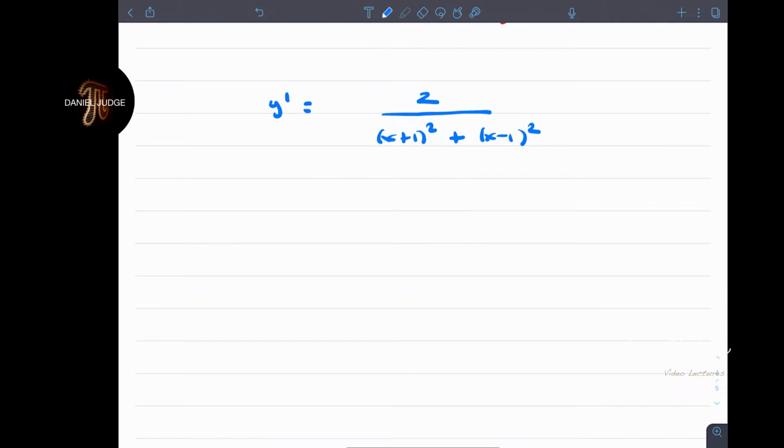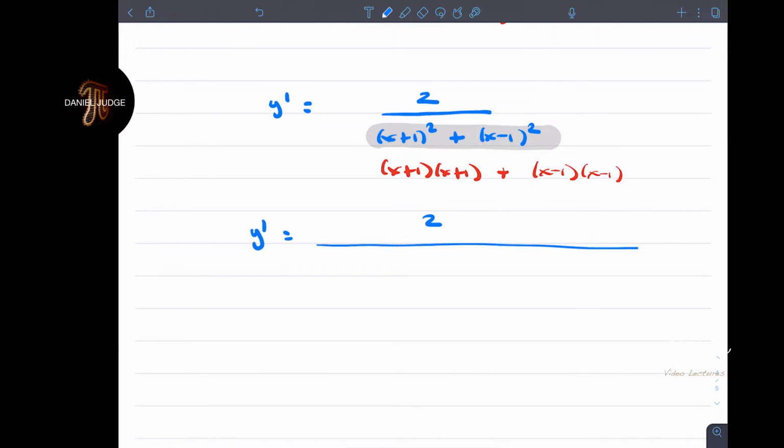And it looks like we're not done here, we're going to have to do a little bit more algebra here. You're going to have to distribute. x squared plus 2x plus 1 plus x squared minus 2x plus 1.